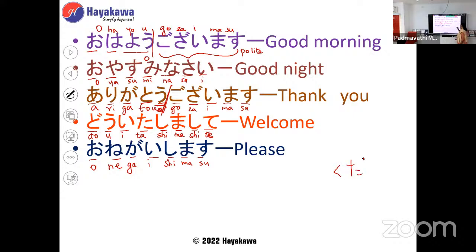This kudasai, you cannot use alone. Just kudasai, you cannot use. With some sentence, then kudasai is okay. But this onegaishimasu, you can use as a separate word, as a greeting separately also. You can use it in a sentence or separately. Both are okay.